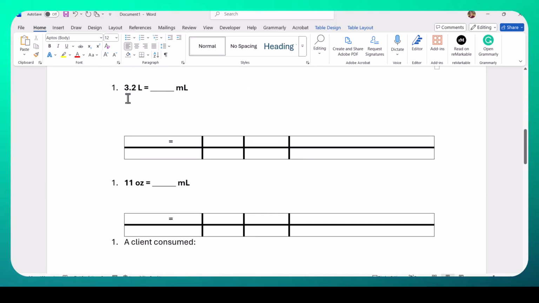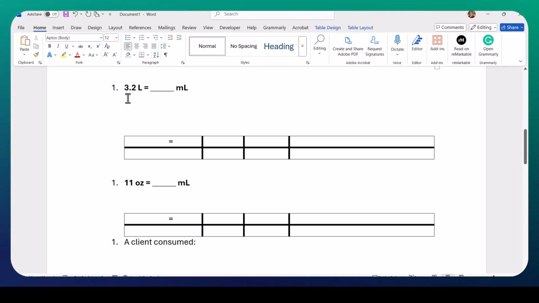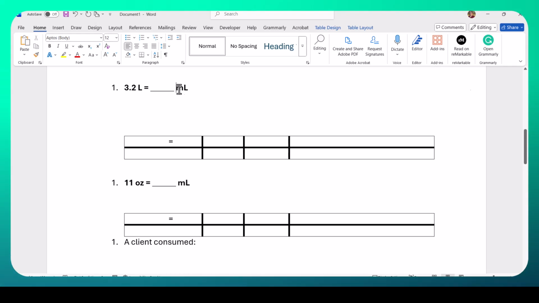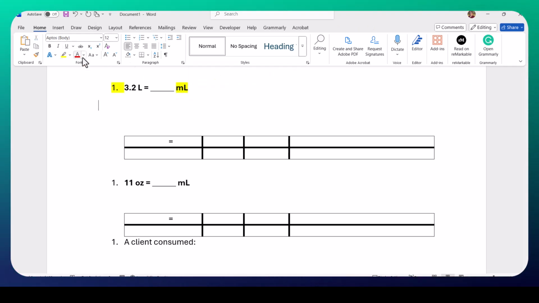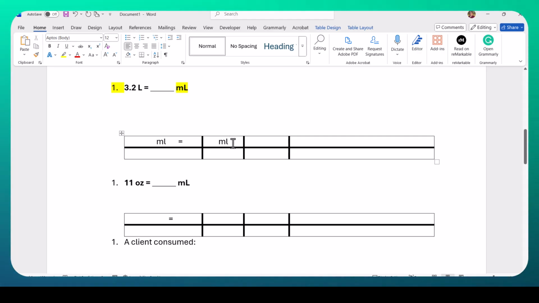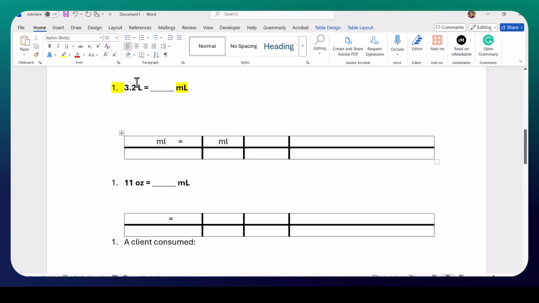All right, this question says 3.2 liters equals how many milliliters? The first thing I have to say is, what do they want in my answer? They want milliliters. Milliliters goes in my top left box, and because it's equal, milliliters is going to go in the box directly to the right of it. All right, so now I have to convert liters, so that's different.